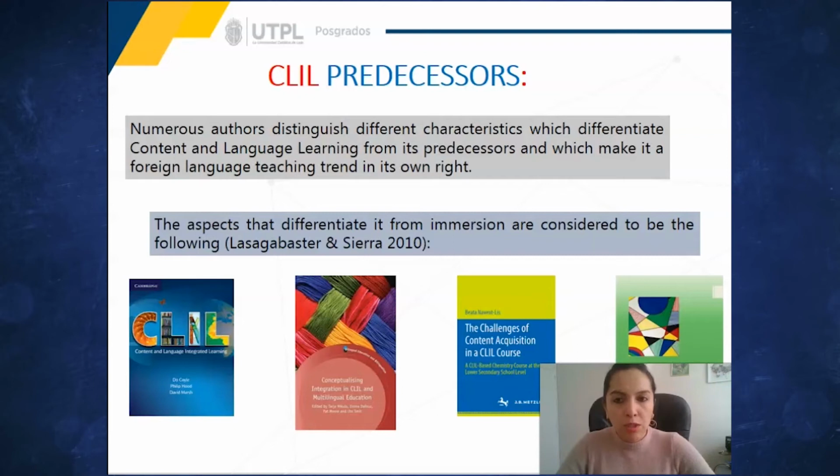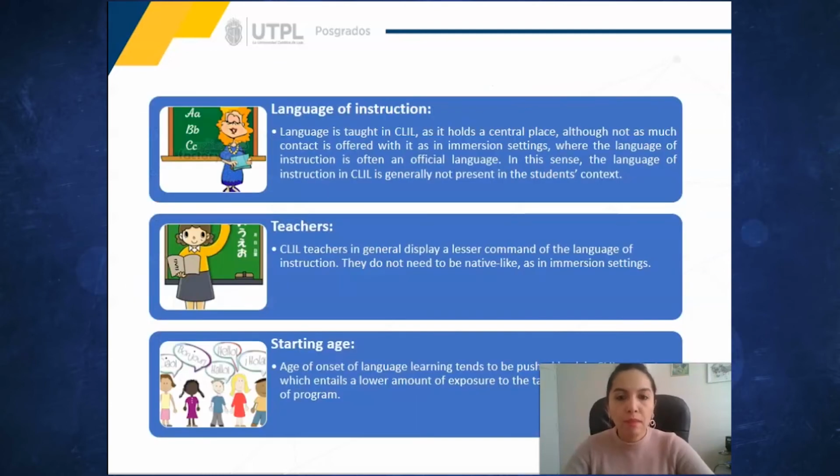CLIL is considered the European label for bilingual education. The aspects that differentiate it from immersion are considered to be the following. The language of instruction in the first case holds a central place. The language of instruction in CLIL is generally not present in the student's context.